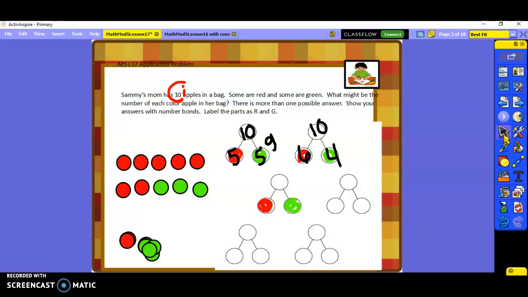I still have the number 10, but this time Miss Nakhan has 7 red apples and 3 green. 10 could be 7, 3. There's lots of ways that you could make the number 10. I'm going to challenge you to fill out the rest of your number bonds to show me some different ways that you could make the number 10.